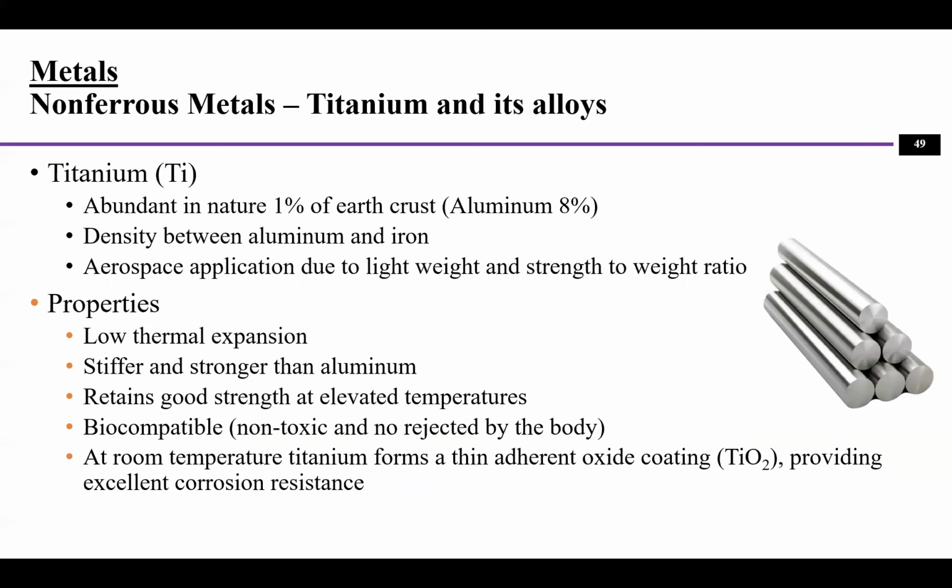It has good strength to weight ratio, and it can be used in the aerospace industry, but titanium also has some other properties, for example, biocompatibility, so it can be used as implants in people's bodies, right? Another property of titanium is lower thermal expansion, which means if you try to melt it or increase its temperature, it is more resistant to volume change compared to other metals.